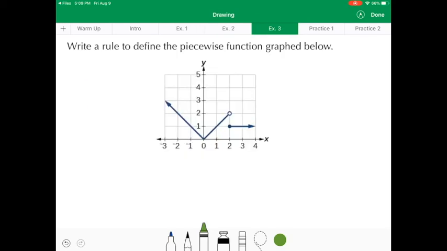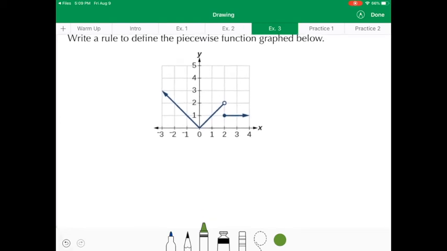All right, next example, we're working in the opposite direction. So this time we are given the graph of the function, and we need to come up with a rule to define the piecewise function. Now there's technically a couple different ways you could define this based on how you look at the graph.